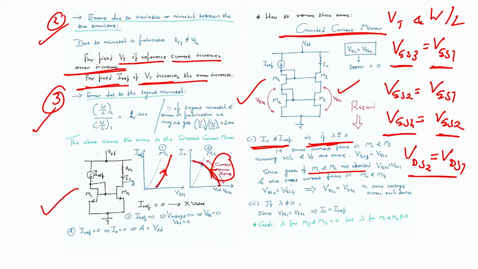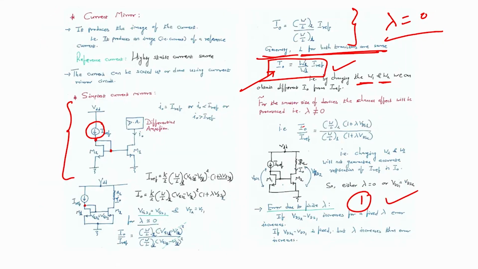Then if this is the condition, what will happen? My error will not be there. Why? Because of my equation, IO by I reference. You have seen this equation, correct? This one.